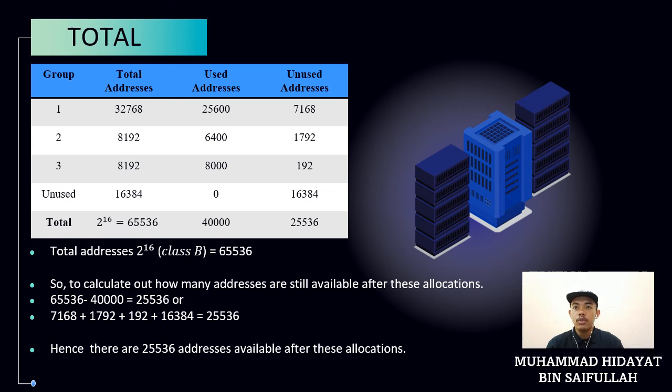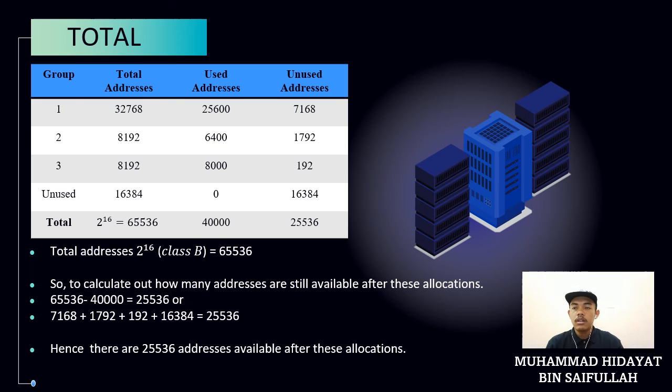For group 2, the total addresses are 8,192, the used addresses 6,400, and the unused addresses 1,792. For group 3, the total addresses are 8,192, the used addresses 8,000, and the unused addresses 192.